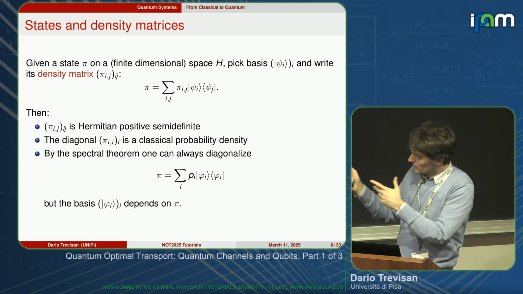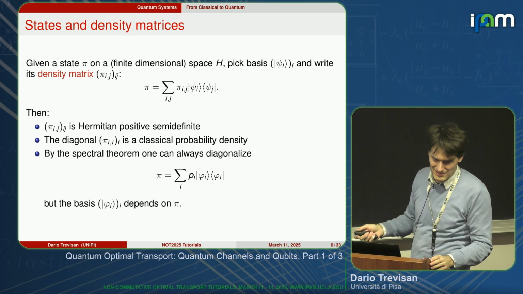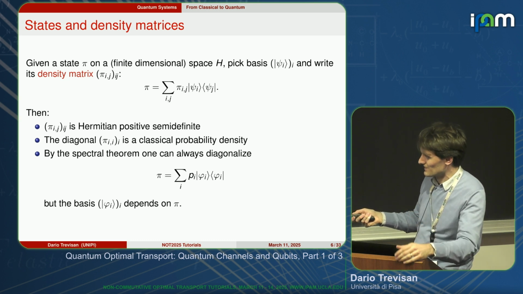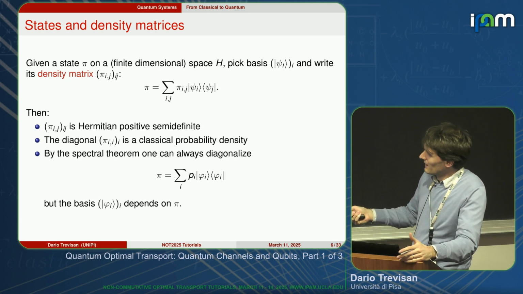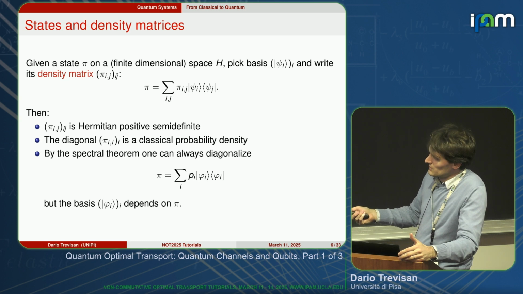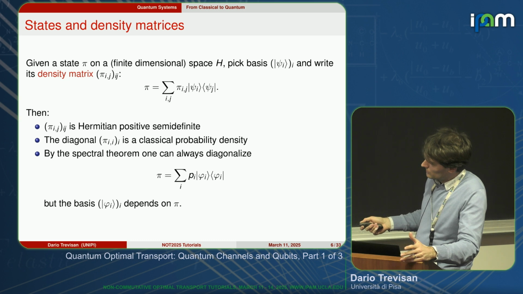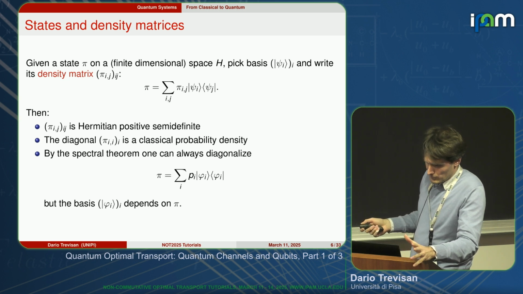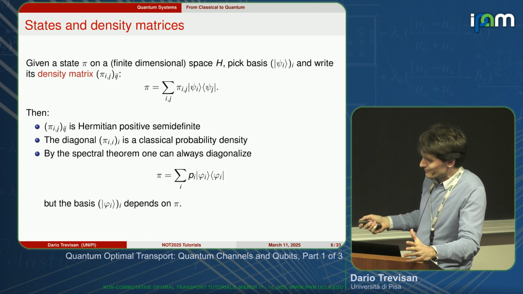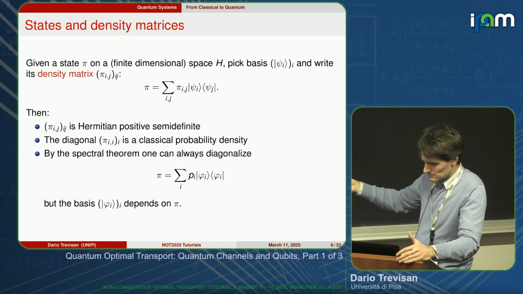Yes, you can also think of a quantum state as an ensemble. This is the physical notion, but if you want, it's a classical mixture of pure states. You have to be careful with this, because this is a canonical way thanks to the spectral theorem.